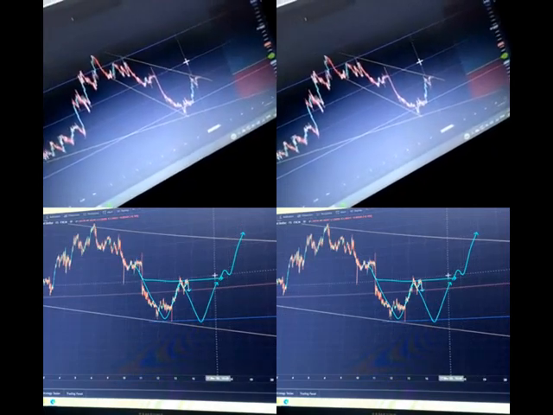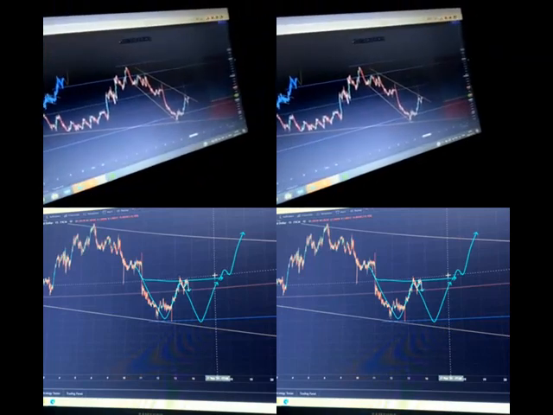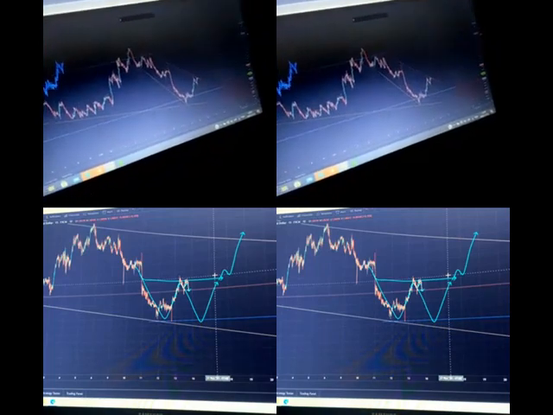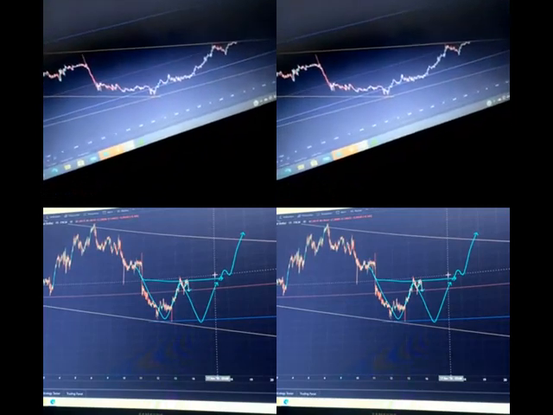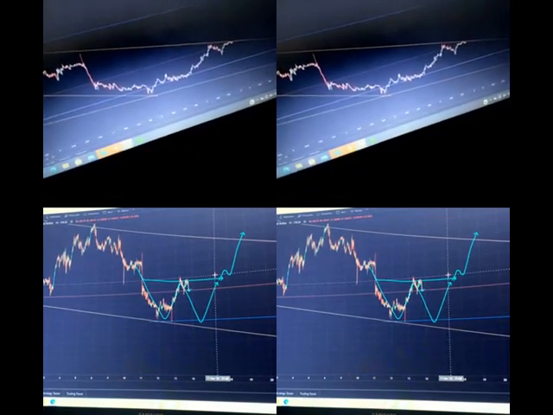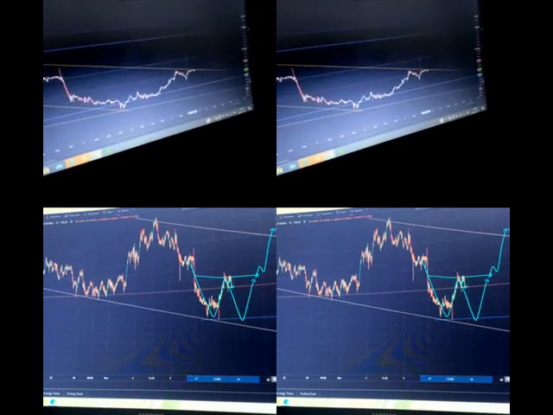Okay, I'm getting it. So it's more of a broadening pattern, and then you're going to get a drop down. This is the M15 right now, and on the M15 it's already promising.